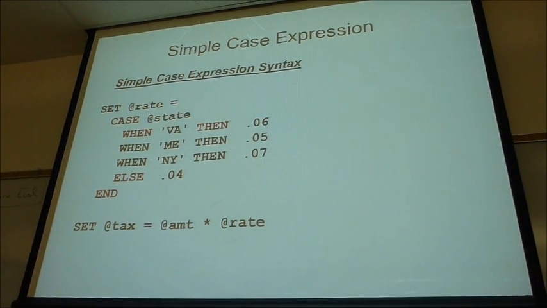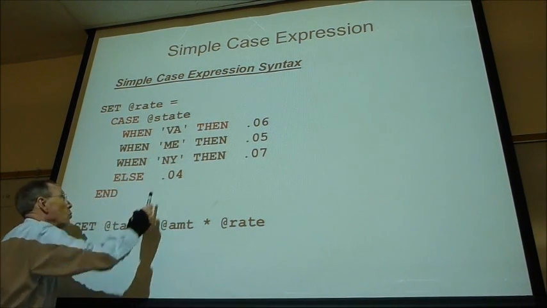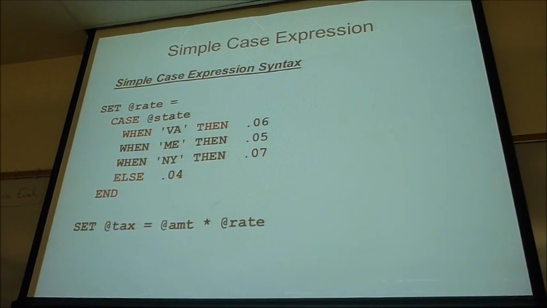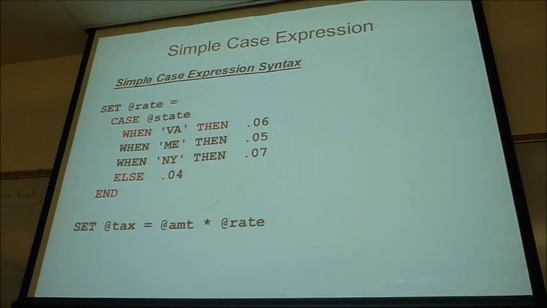Again, the way this works is it goes down and looks to see if there's a match. That's the way I like to think of it. That's an equality comparison. If it doesn't find a match, then the default is 4%. You could do this with if else, if else, if else, and else.